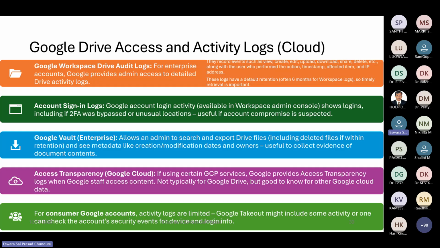So these are called access transparency logs. Google staff directly access them and provide insights with respect to Google Workspace related abnormalities. Of course, they also use these access transparency logs for account related or Google Workspace related troubleshooting. So these also will be provided by the Google service provider only.